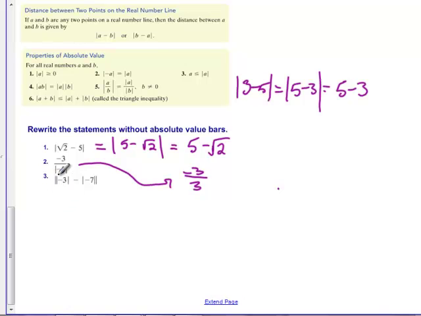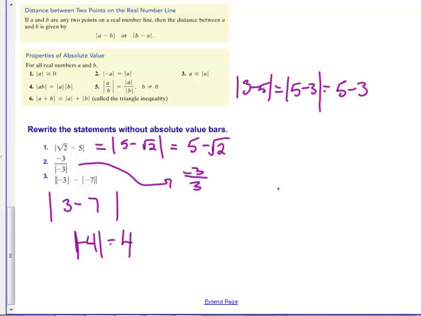So the first thing I want to do is leave the big ones. The absolute value of negative 3 is going to give us what? Yep. Keep the minus. And the absolute value of negative 7? Yep. And then do it again. So the 3 minus 7 gives us a negative 4. When we take the absolute value of that, we're going to get a positive 4. Is that okay?